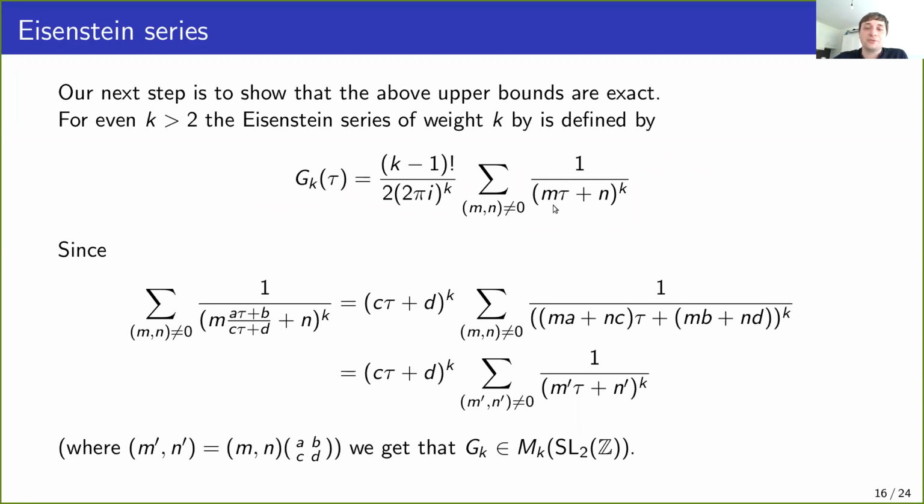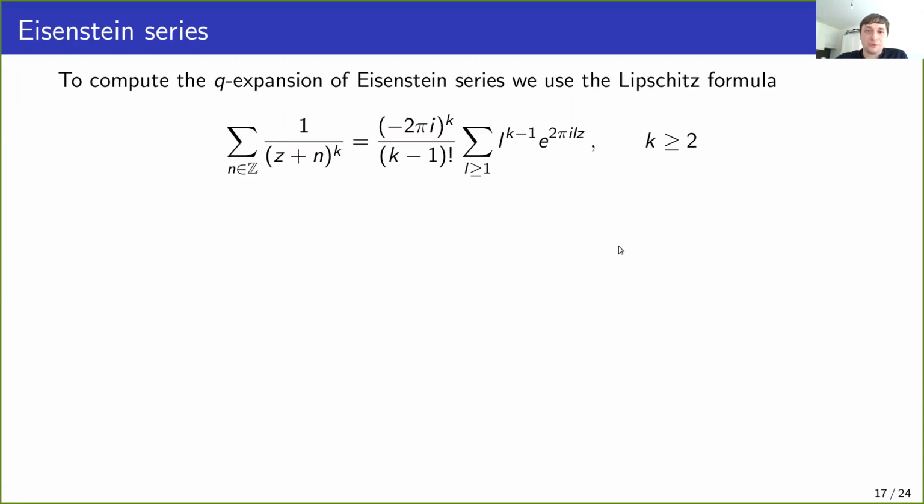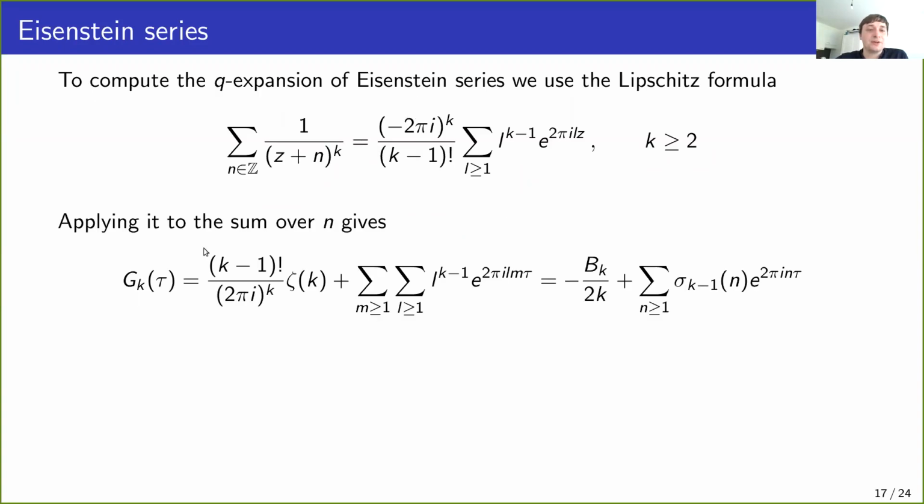And when m is positive we get some sum, but for m negative it's actually the same sum as for m positive, which is why I have this 2 here. So if you do it correctly, the constant term contributes to this, and the rest of the sum contributes, if you just apply Lipschitz formula, and this factor cancels out with the one that I introduced in the definition of G_k. So you get this sum, and you work it out.